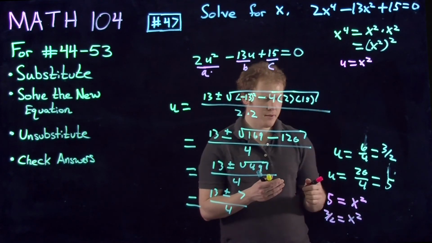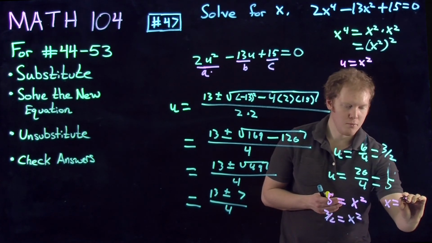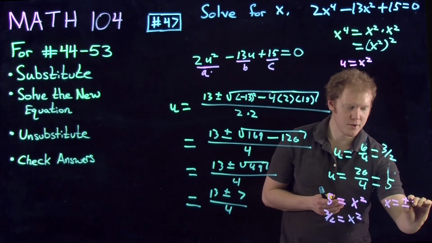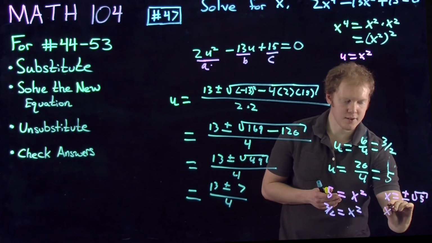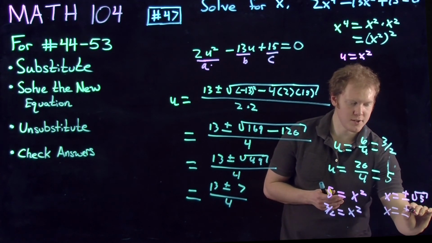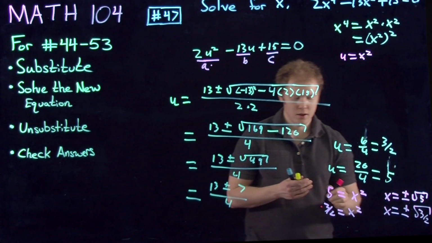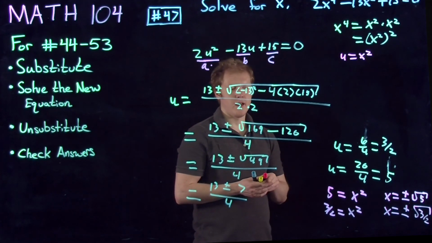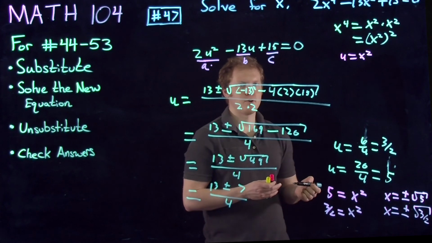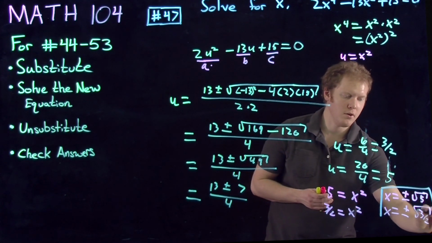This then gives us our solutions of x equals plus or minus the square root of 5, and then x equals plus or minus the square root of 3/2. And since we just used u substitution with the quadratic formula, we know that these are valid expressions for x, and that these are in fact all of our solutions.